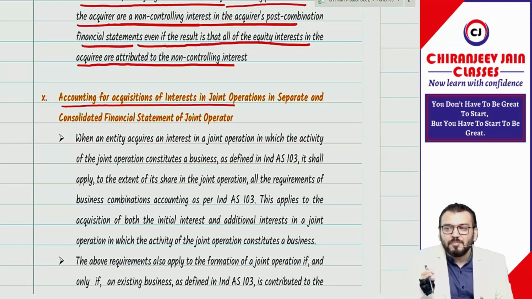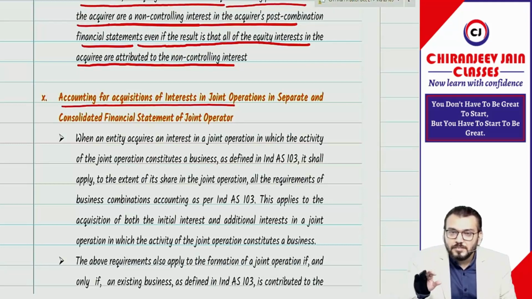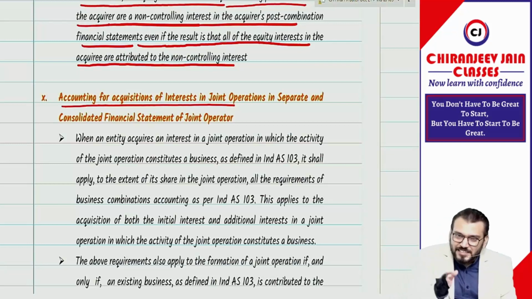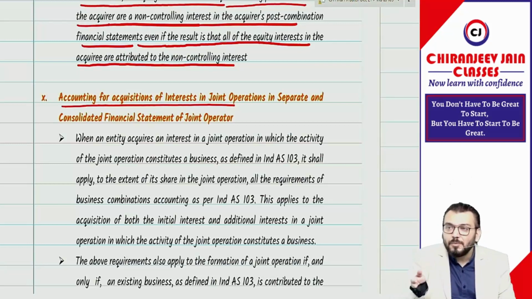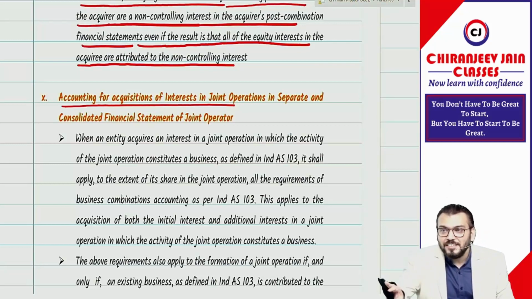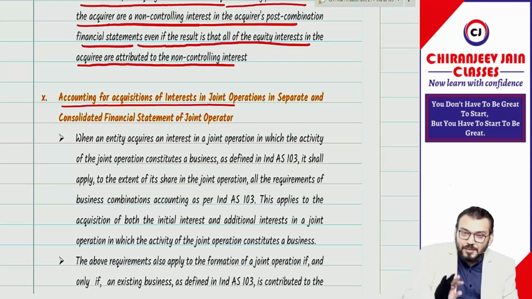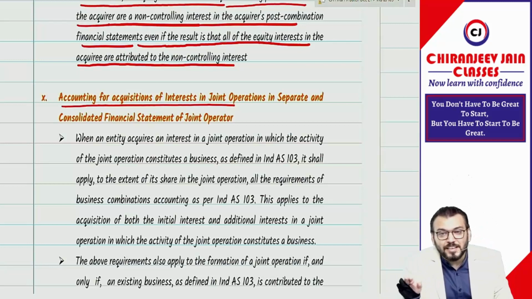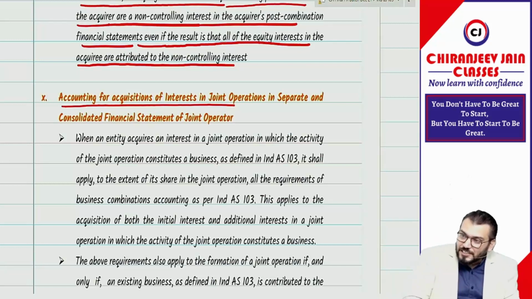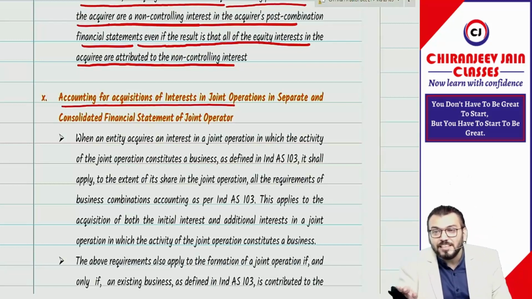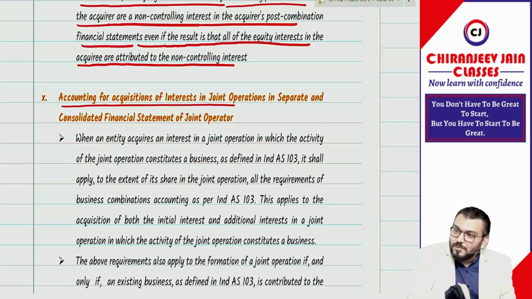In the separate financial statement and the consolidated financial statement of the joint operator, assets and the share of assets which are jointly held, liabilities and the share of liabilities jointly incurred, revenue and the share of revenue jointly earned, expenses and the share of expenses jointly incurred will be accounted in the separate financial statement and consolidated financial statement of the joint operator.